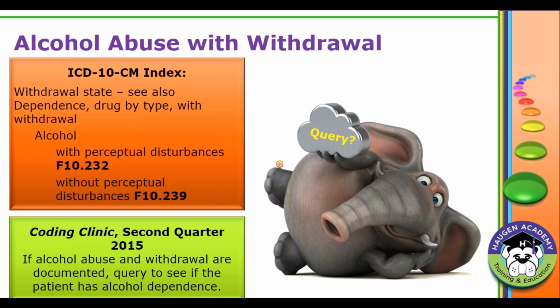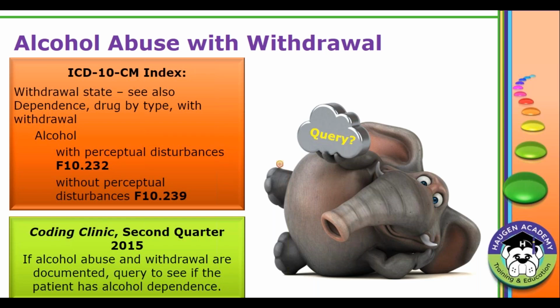Now, if you are not comfortable with what I'm telling you right now, which is completely valid, if you have a physician who documents alcohol abuse and also withdrawal, and you don't have documentation of dependence, if you feel that you need to query within your facility, then by all means go ahead.